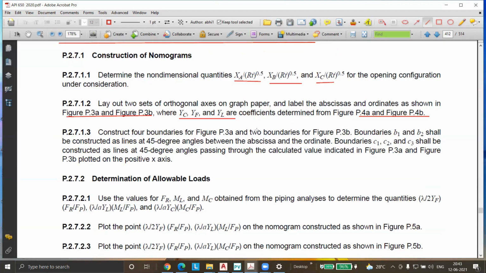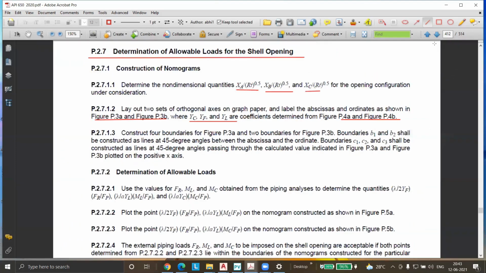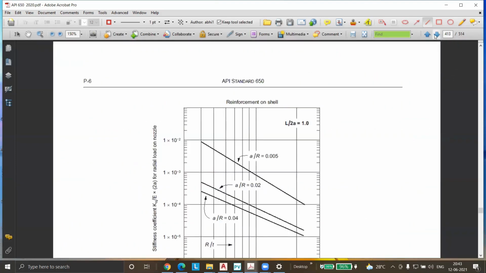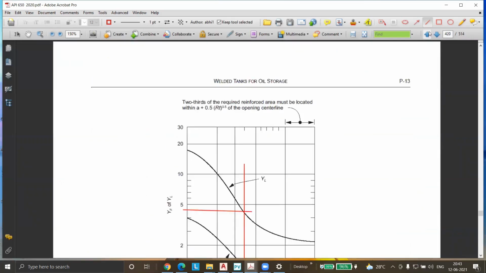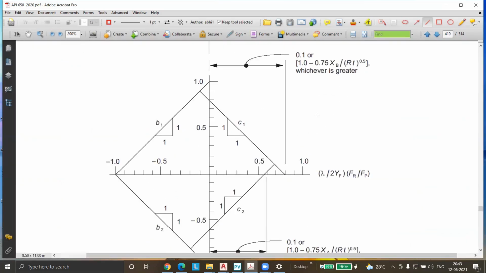So generally it will not go beyond that. Okay, so now once we have all these values, we will come to this figure.